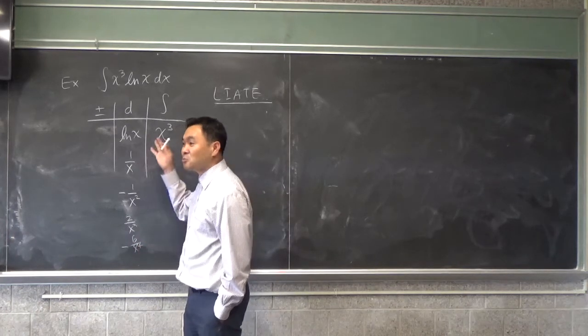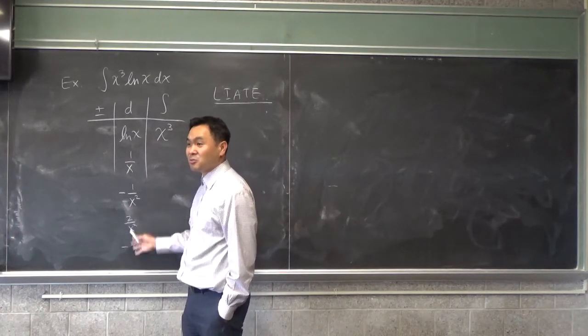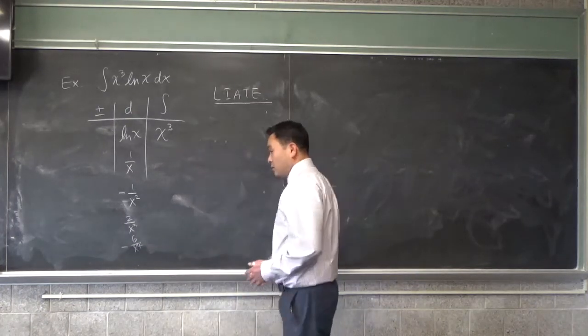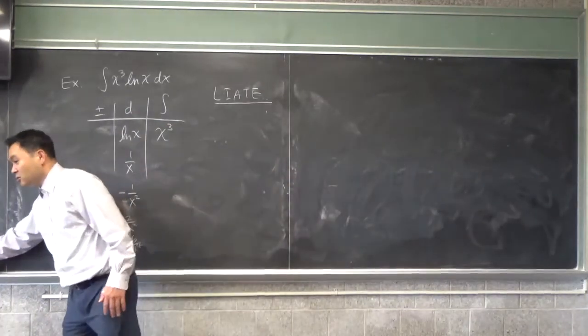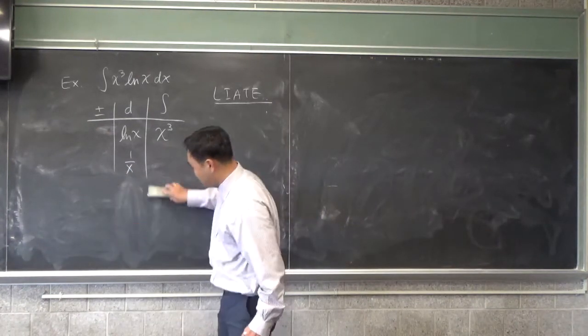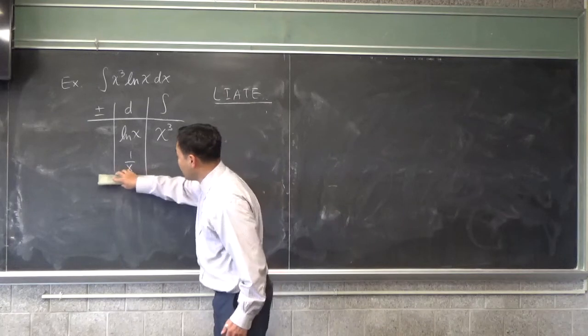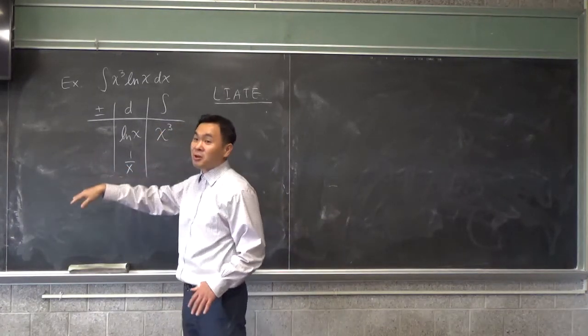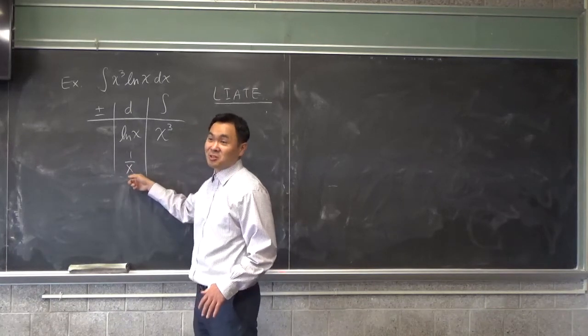It just becomes more complicated, and it never stops, and you don't want to do that. All right, so that's why you need to know when to stop, or else it's going to go forever. And we just know by working on the integration by parts side that this is the place to stop.